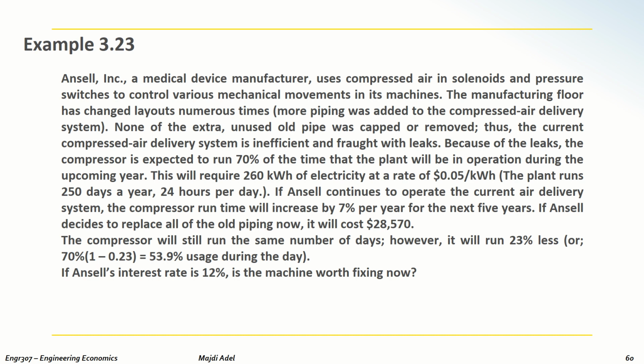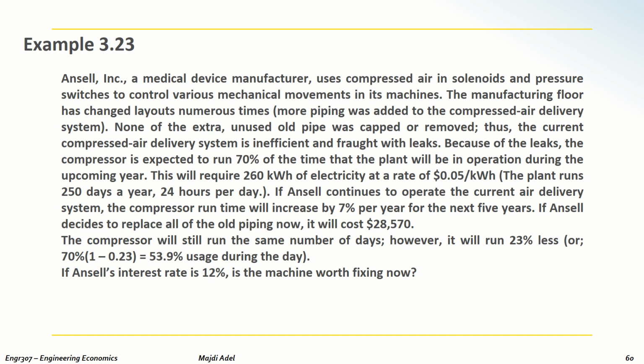For example, in one day 24 hours, اذا المصنع بيشتغل على مدة 24 ساعة معناته الكمبرسور راح تشتغل 70% من ال 24 ساعة، هي تقريبا 17 ساعة. If they are working 24 hours a day, the compressor will operate for 70% of the 24 hours or approximately 17 hours per day.